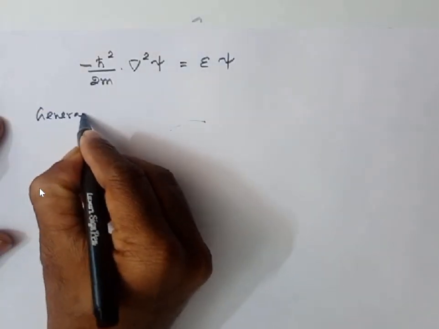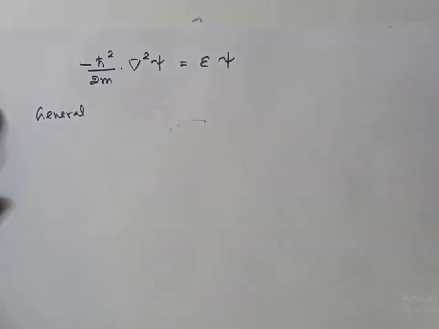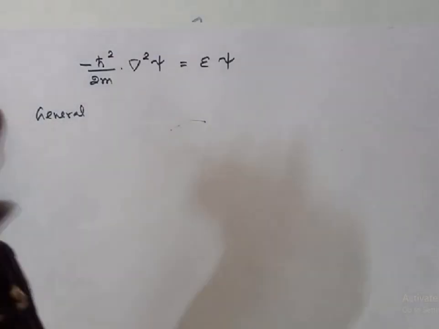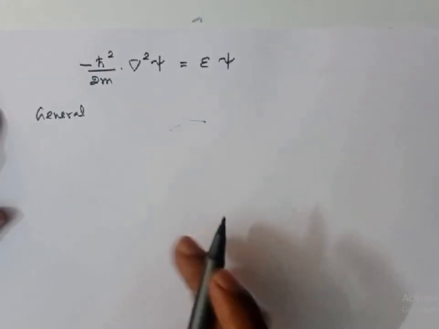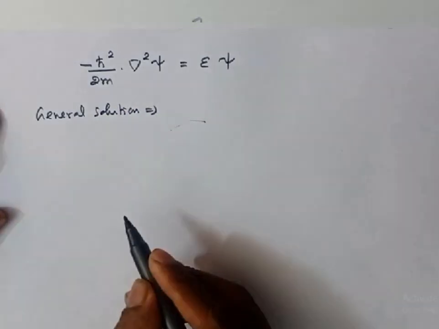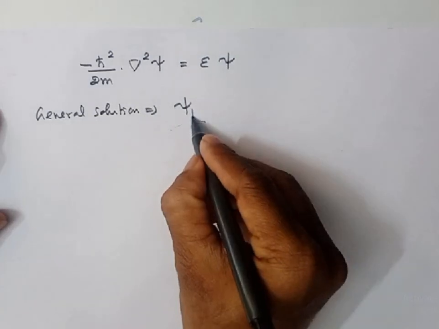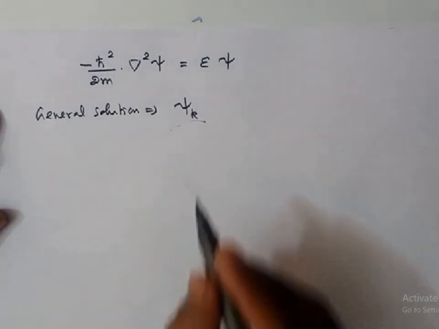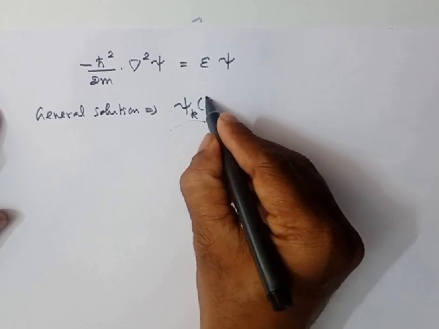See, in quantum mechanics we have discussed the particle in 1D box model, 2D box, 3D box, rigid rotor, etc. So we know very well what the general solution for this equation is. So I'll give the general solution directly. The general solution for this is psi, which depends on k, and it is a function of the position vector r.